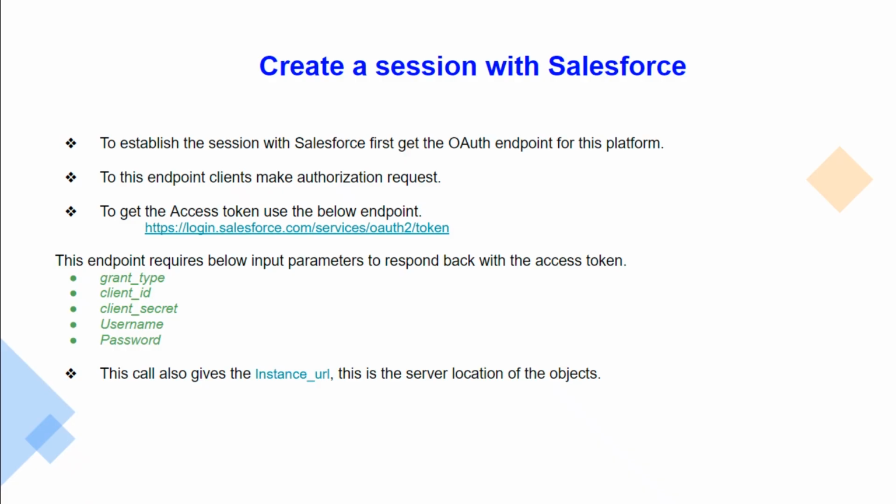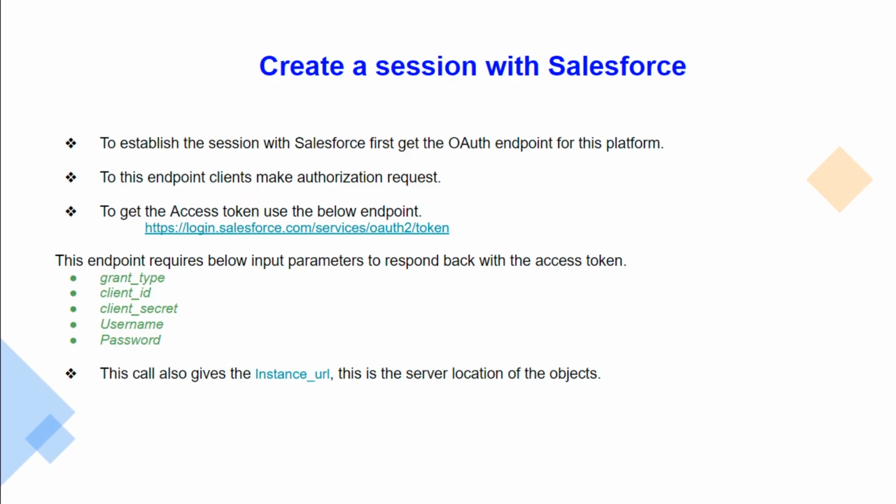This endpoint requires the input parameters grant type, client ID, client secret, username and password to respond with the access token. This call also gives the instance URL, the server location of the objects. In the next API call, we use this instance URL to update the object.